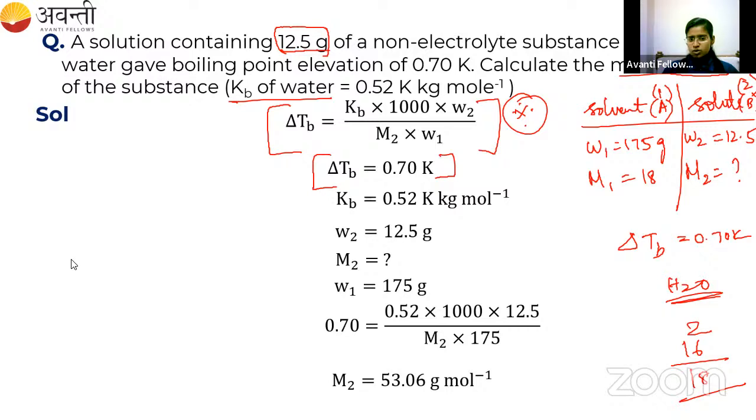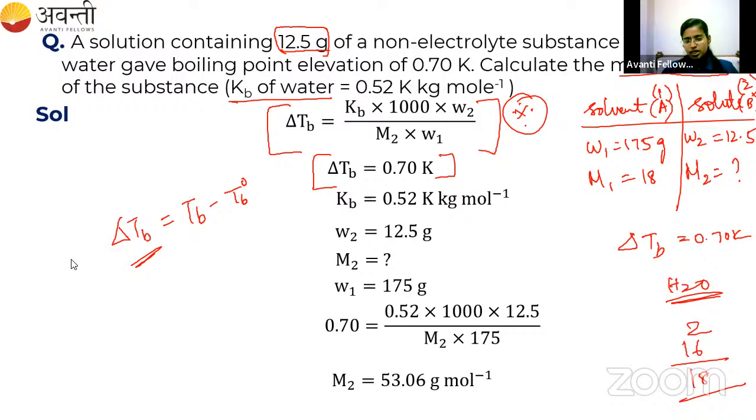So that's why we did not use the formula delta TB is equal to TB minus TB not. In some questions, they will not give it, and you have to calculate that using the information and then substitute. So you are done with it now? Okay, fine. Now we'll go for the third property.